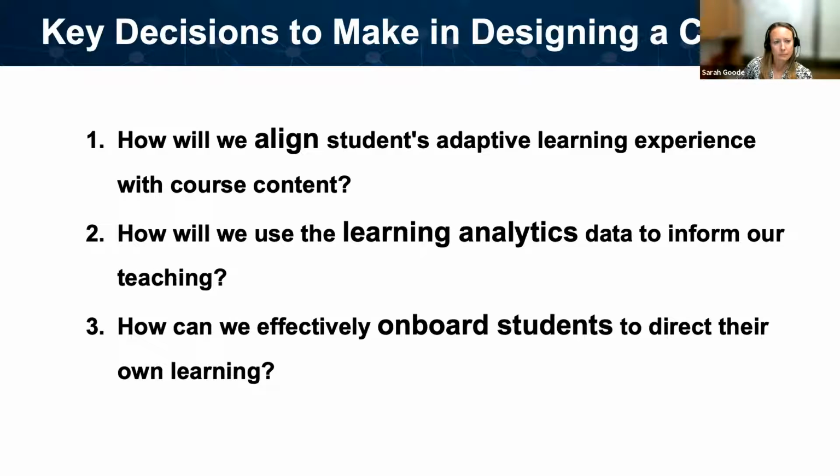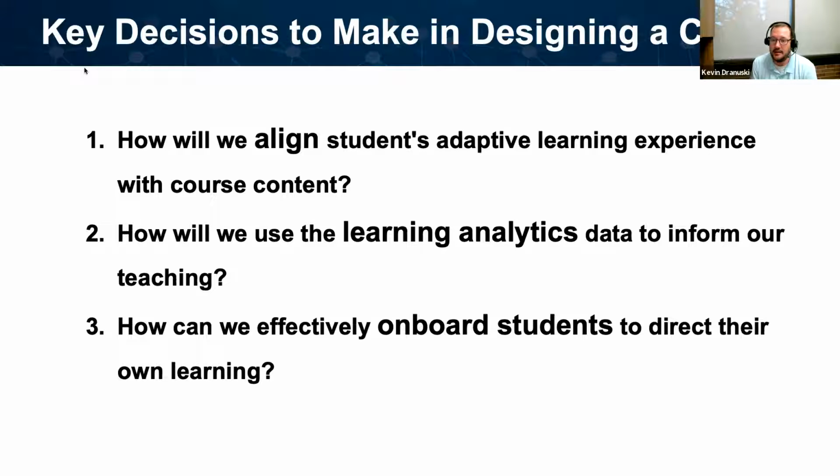Okay, so when we started to work on this project with our faculty, I believe that we had 18 gateway courses where we identified faculty who were interested in pursuing this type of courseware for their course, and they had zero experience. So there were 3 key decisions that we identified in working with faculty.